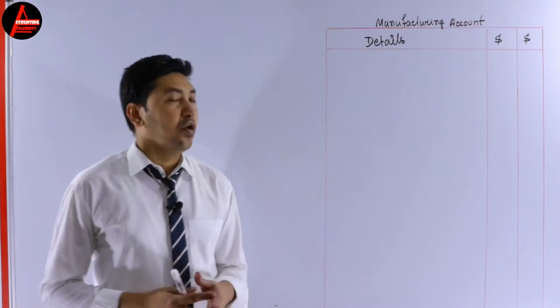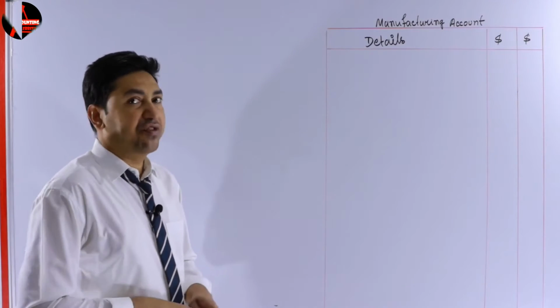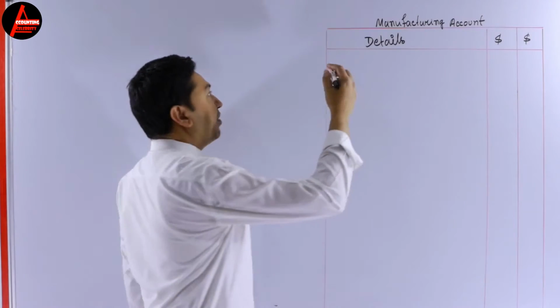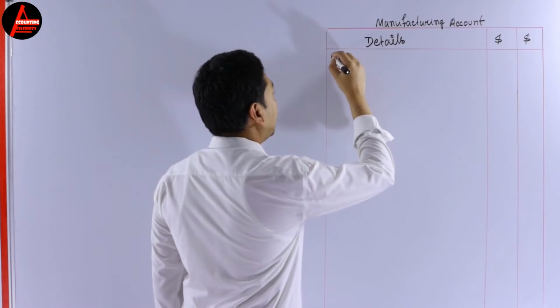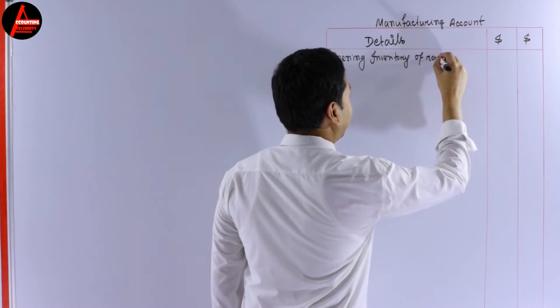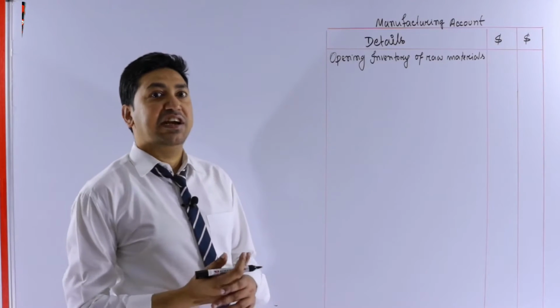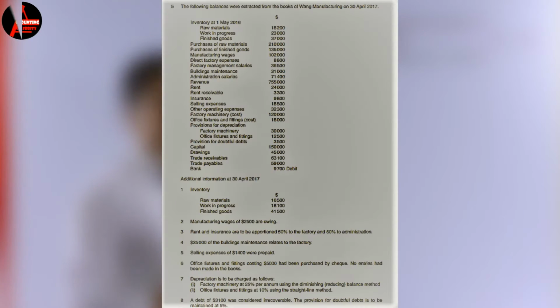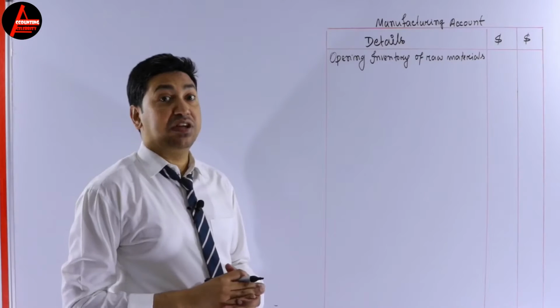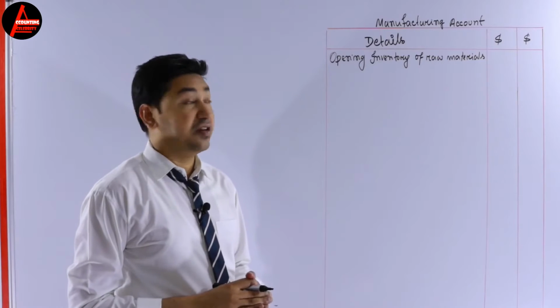Okay. So what is the first item in this account? First of all, you have to write opening inventory of raw materials. Look at the question here, it is written that inventory at 1st May 2016: raw materials is 18,200, work in progress is $23,000 and finished goods is $37,000.